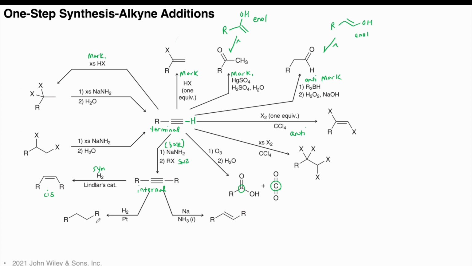Multiple equivalents of H2 can be added if excess H2 is present, and a catalyst like platinum, palladium, or nickel. Or if sodium and ammonia are used, 2 hydrogens are added, in this case anti to one another, to form the trans alkene.